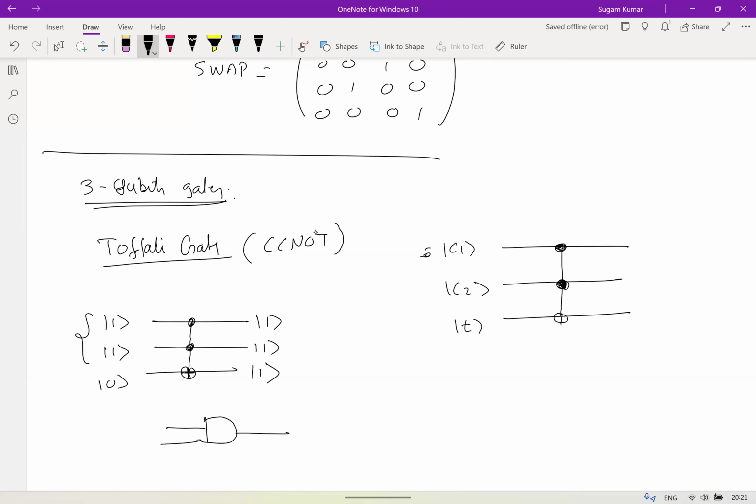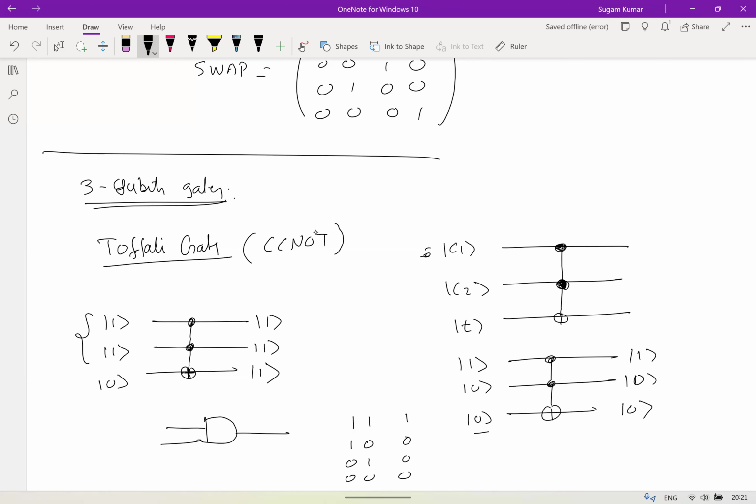What is the AND gate? 1, 1 gives you a 1, and for 1, 0, 0, 0, 1, 0, 0, 0, you get 0. Same here also. If you have a 1 here and 0 here and 0 here, then of course the control bits will remain as such, but nothing will happen to the target; it is also going to remain the same.